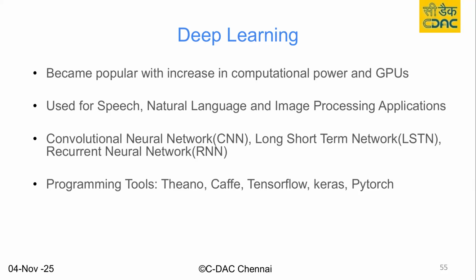It became like a revolution after 2008 that many people started using deep learning instead of artificial neural networks because of the high increase in accuracy. Deep learning was successful for speech recognition, natural language processing, and image processing problems. I will be focusing more on image processing problems as this is an X-ray class.